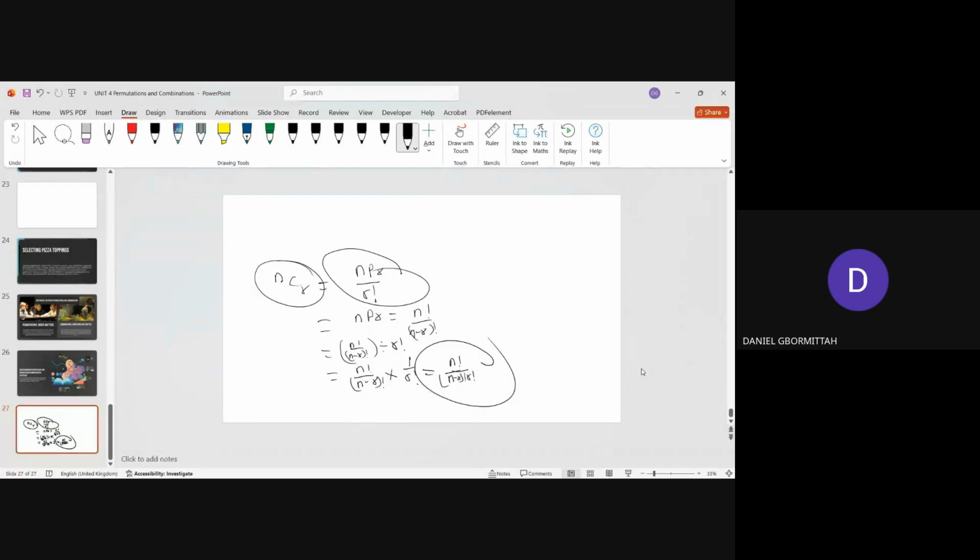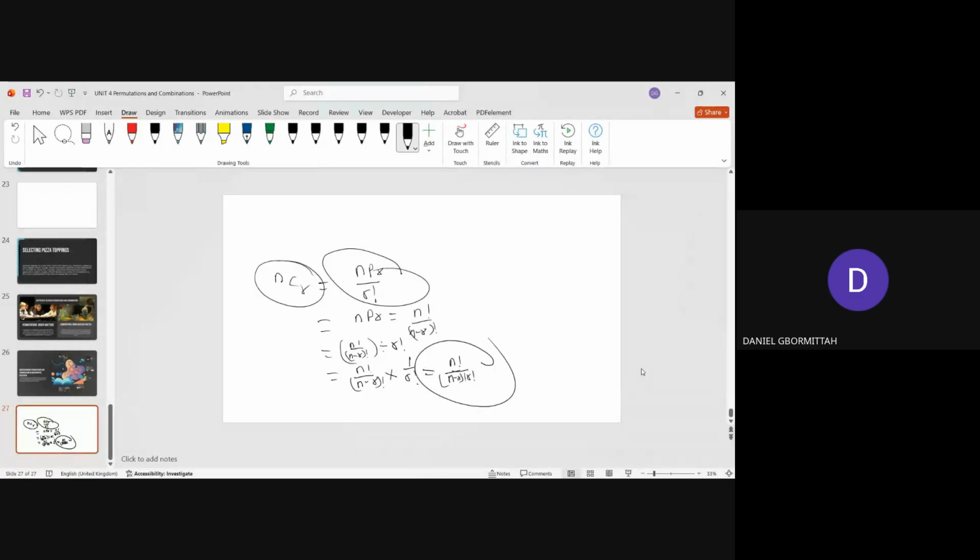So n combination R is equal to n permutation R divided by R factorial. But n permutation R is the same as n factorial divided by n minus R all factorial. Replacing that gives you n factorial divided by n minus R all factorial, all divided by R factorial.